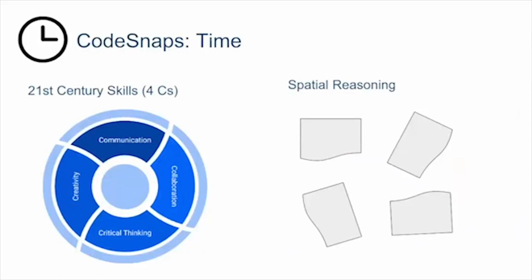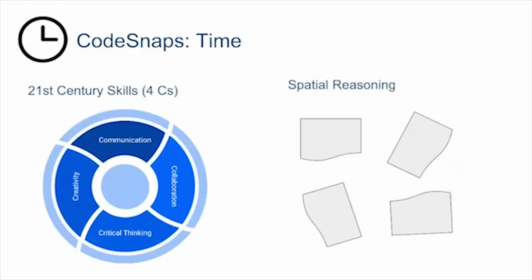We see all the time that most computer science lessons always involve creativity and critical thinking. It's just a natural part of what it means to solve a coding challenge or a computer science problem. But a lot of times these activities are done independently, and so there aren't opportunities for communication or collaboration. And we think CodeSnaps helps a lot with that.